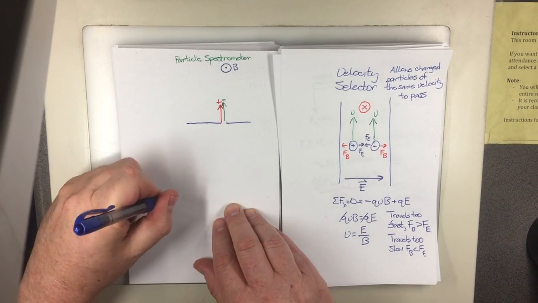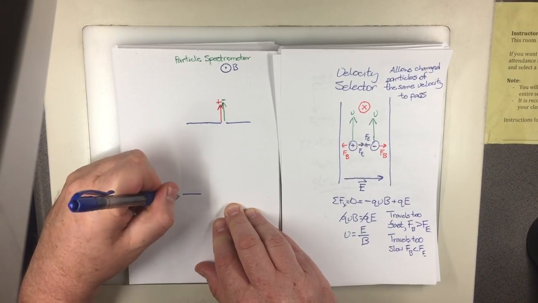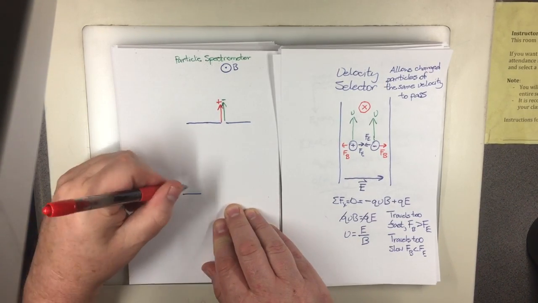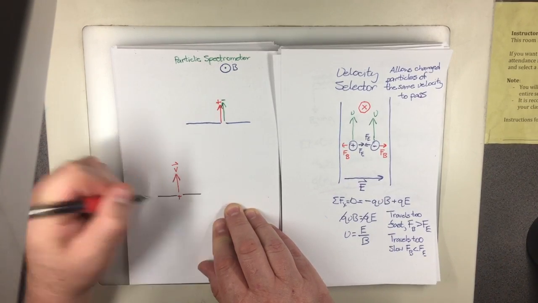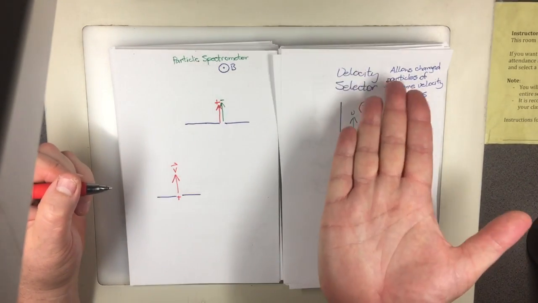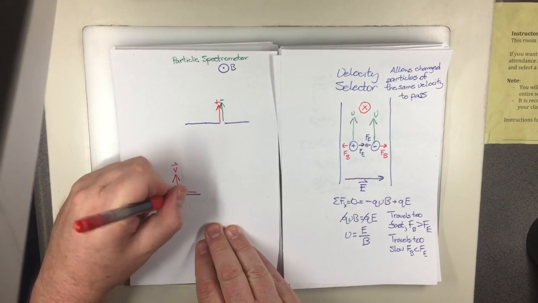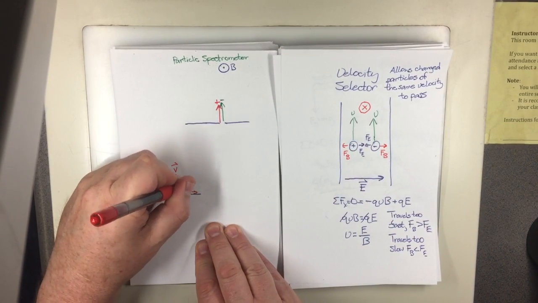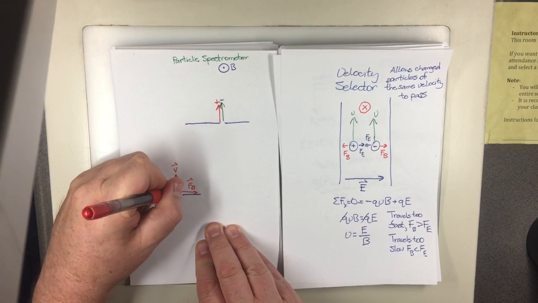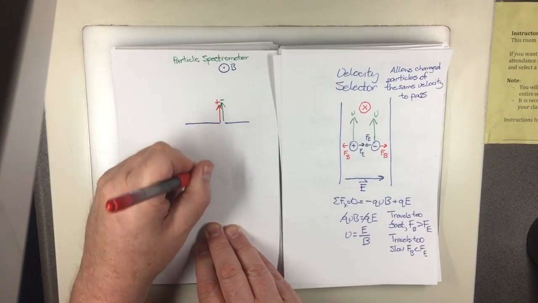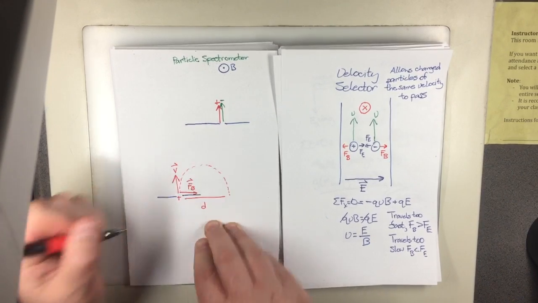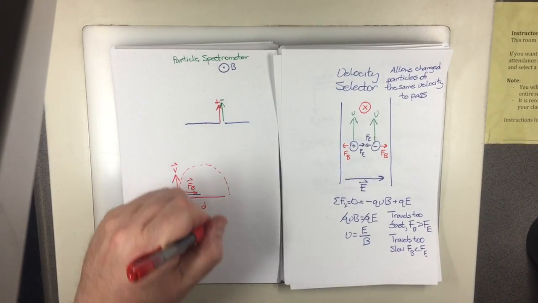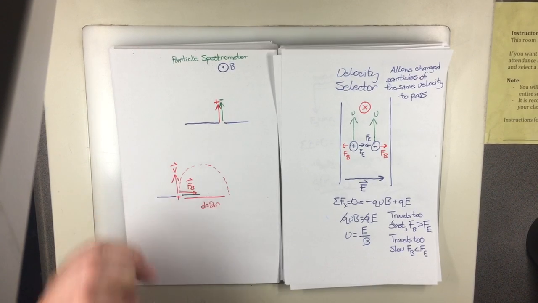From a positive particle's perspective, V is this way, B is up. So the magnetic force is to the right, and what will happen is it will begin to go in a circular path and then land a specific distance away, which is 2 times R.